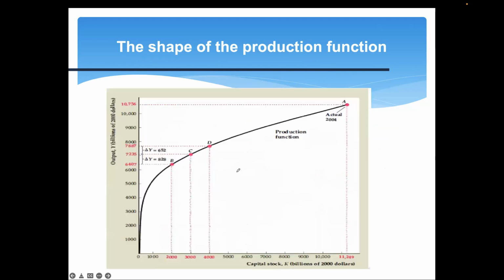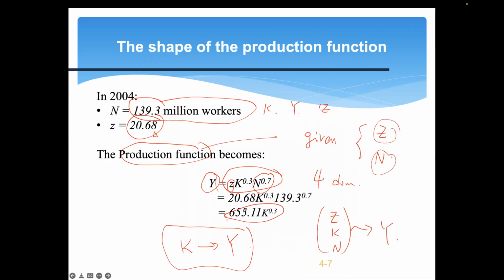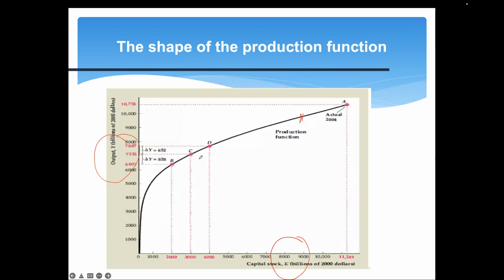This is how the production function looks. On the horizontal axis you have K, and on the vertical axis you have total GDP. This curve is exactly the production function. So what is particular about this curve? We usually call it concave, and what concave means mathematically is that the slope is declining.